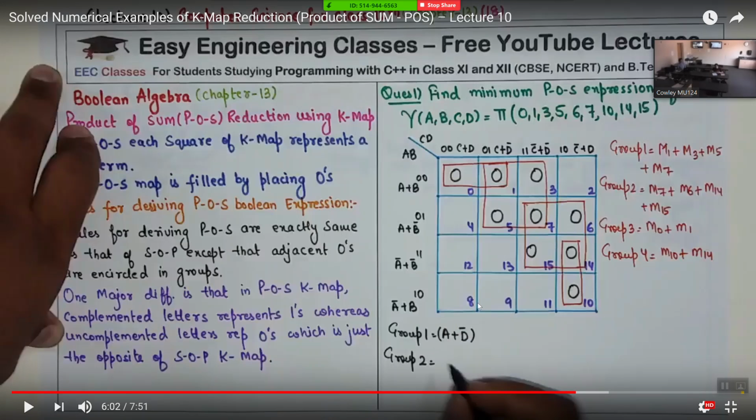Okay, group 1. Looking at these right here, we got A plus D prime. You see why it's A plus D prime? Because look over here, what are the same?